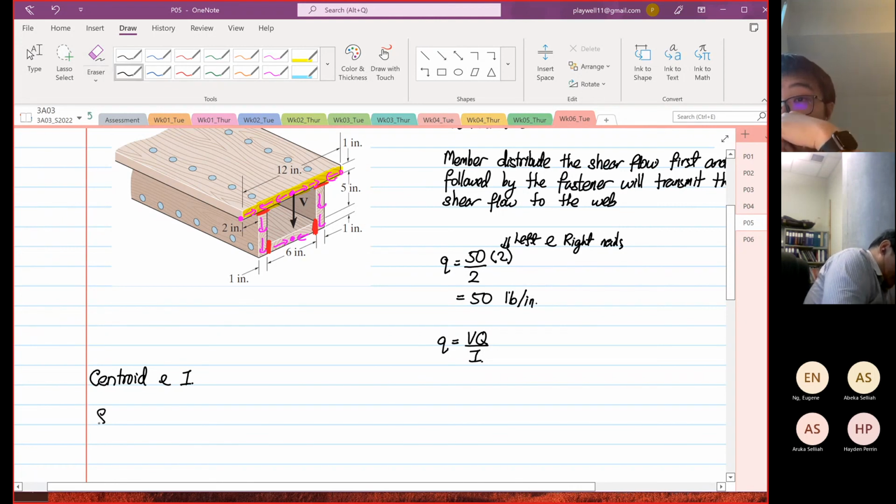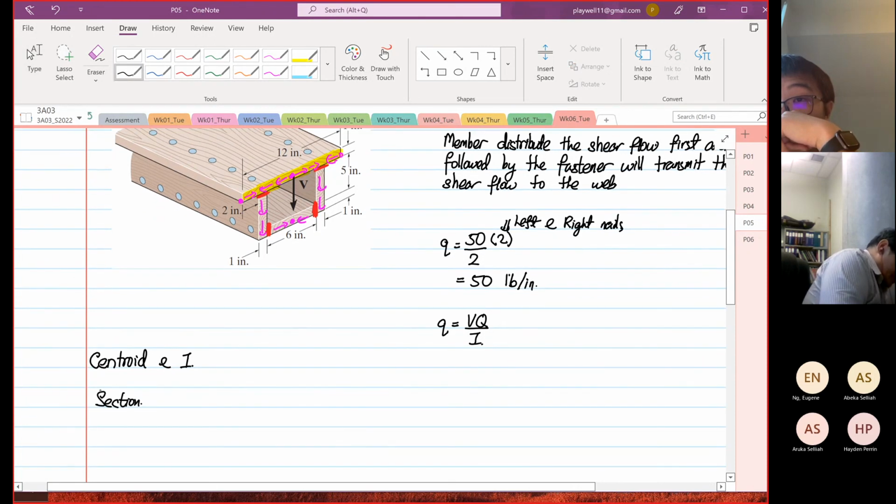We have our section. I'm going to do this quickly. So this is our top flange. Then we have our webs, left web.